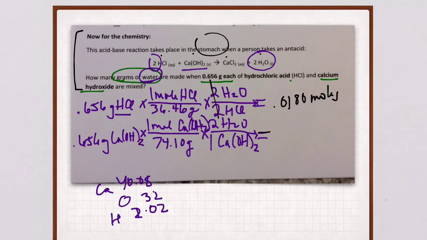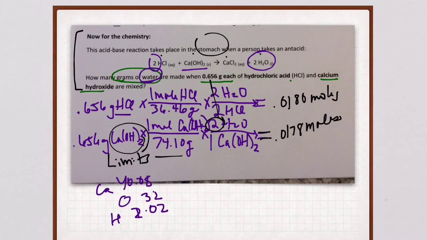And from this one here, we're going to do 0.656 times 2 divided by 74.1, and we get 0.0178. Okay, so which one of these produces the least amount of water? Well, the calcium hydroxide does. So that means the calcium hydroxide is limiting how much water is made.